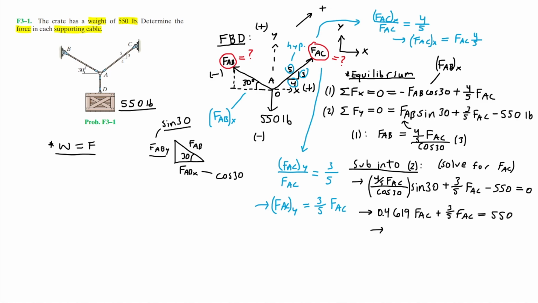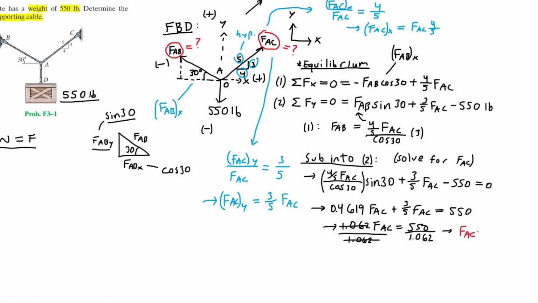Adding the 0.4619 with the 3/5, we get about 1.062. Dividing 550 by 1.062 to solve for FAC, we get about 517.9. Hence, the force in the cable AC is 517.9 pounds.